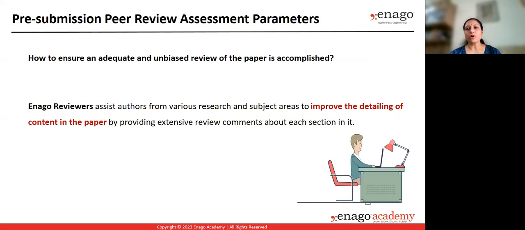At this point, we would also like to advise our authors to take this opportunity to avail an expert reviewer from Enago. This reviewer would be able to provide you with an unbiased review of your entire paper, looking into various research aspects, looking into the scientific strength of the paper, and helping you understand all the possible ways that you can enhance the paper presentation in order to bring it up to the mark of the target journal requirements.